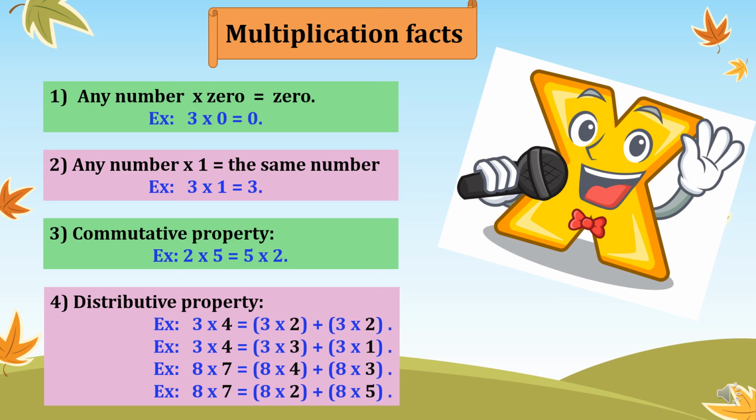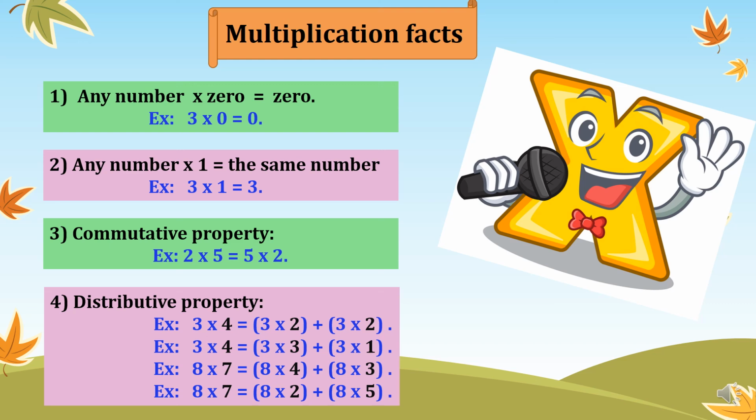So 3 times 3 plus 3 times 1. What else? I can split 4 into what? 4 and 0. 4 plus 0 equals 4. So it will be 3 times 4 plus 3 times 0.